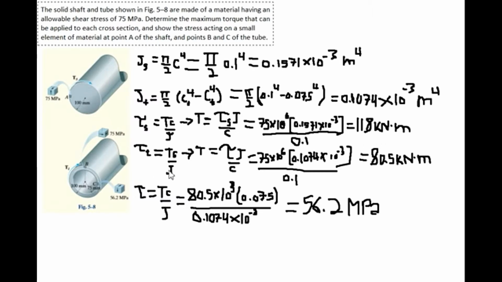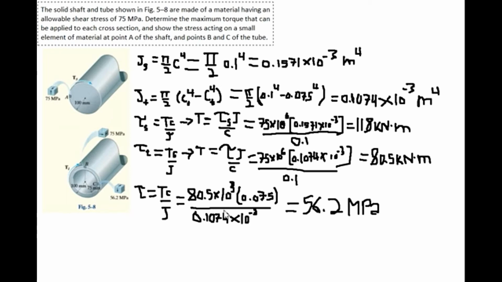We're going to do the same thing for the tube, rearrange the equation, input the values, and we get 80.5 kilonewton meters. Now, since we have our T value, the internal torque, we're just going to solve for the stress. So all we're going to do is plug in our values.